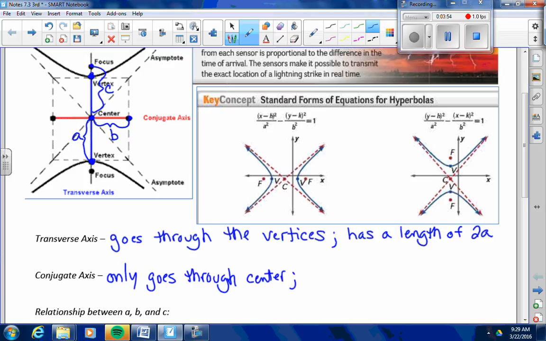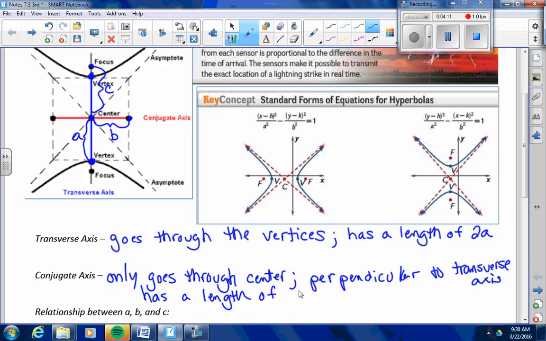It is perpendicular to the transverse axis, and it has a length of 2B units.